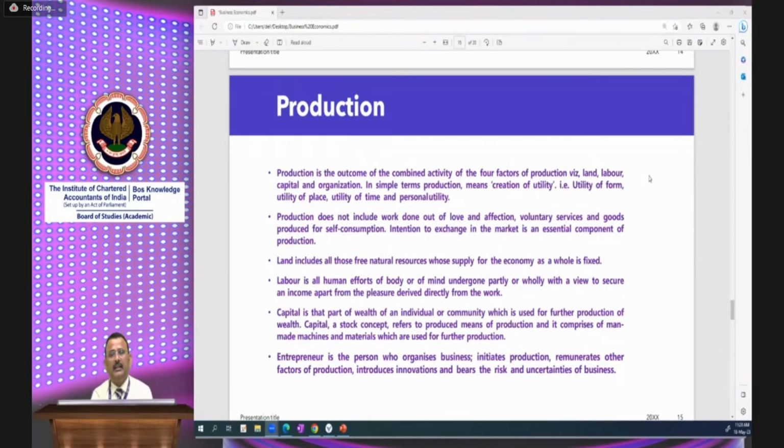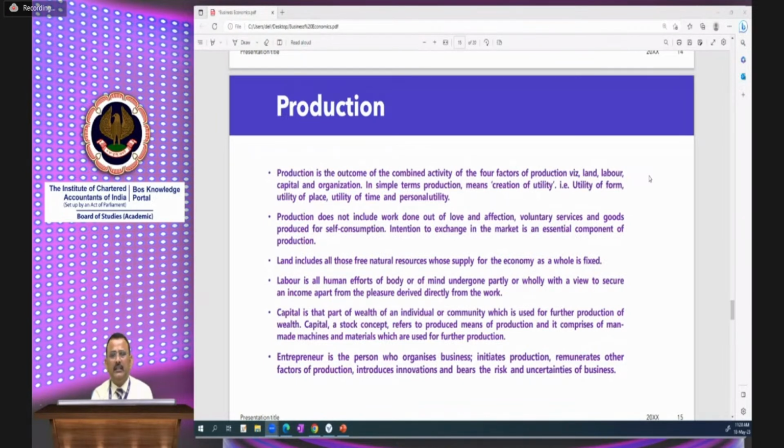Because ultimately, if you are buying land, engaging labor, investing capital, then definitely your purpose is to get a return on those factors that have been employed. So the entrepreneur is basically who organizes businesses and also remunerates other factors of production, like he'll be paying the cost of the land, the labor, and he is also employing the capital in the production of a particular good.